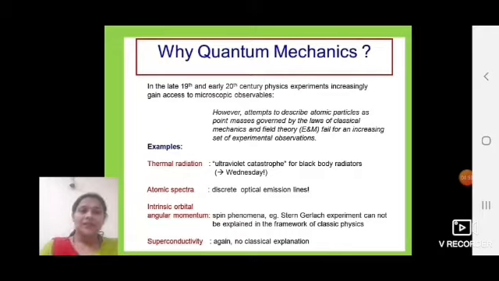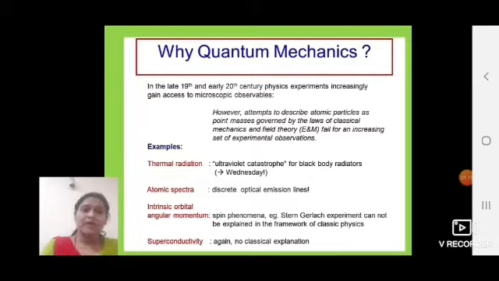But there were failures in some experiments. Classical physics failed to explain thermal radiation, atomic spectra, intrinsic orbital angular momentum, and superconductivity.